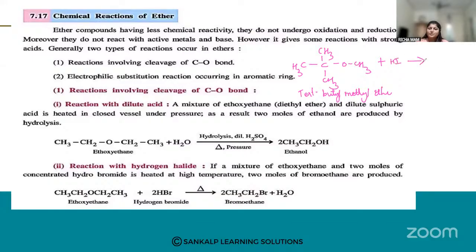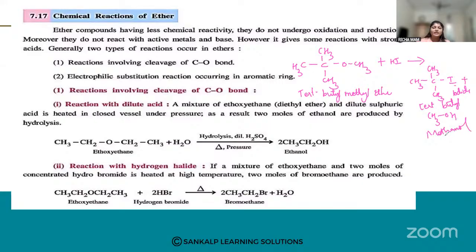What am I going to get, students? I am going to get CH3-C(CH3)2-I, tertiary butyl iodide, plus the alcohol, which will be CH3OH, methanol.